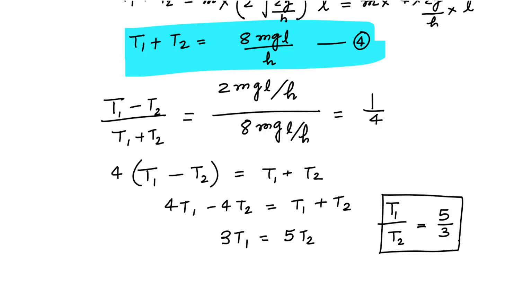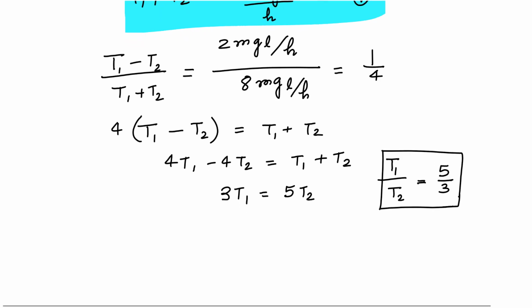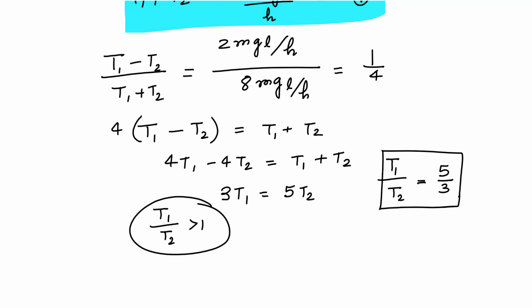So you see T1 by T2 is greater than 1. And this is obvious because the upper string will have more tension, because it is also supporting the weight. The mg is going to that string. That's why the T1 value is greater than T2.